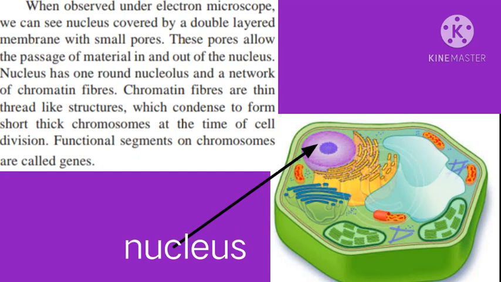Nucleus has one round nucleolus and a network of chromatin fibers. Chromatin fibers are thin thread-like structures which condense to form short, thick chromosomes at the time of cell division. Functional segments on chromosomes are called genes.